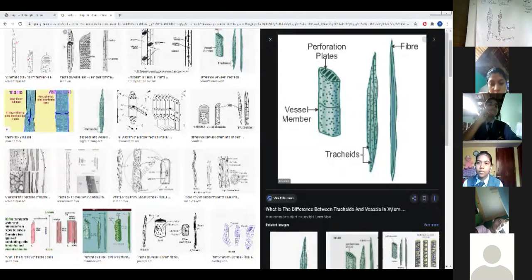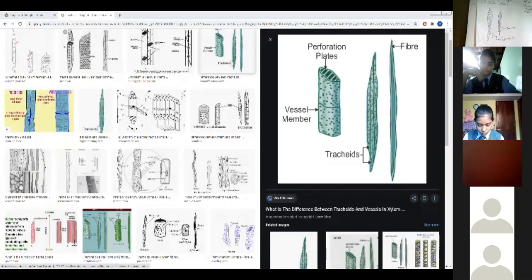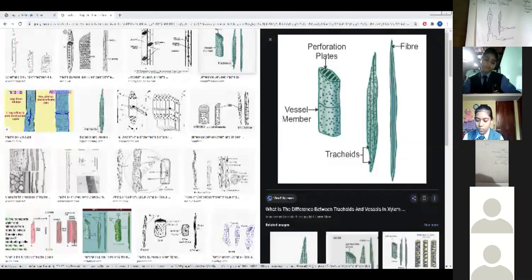Yes, sir. So today we discussed complex permanent tissues. The complex permanent tissues are bifurcated into two types. One is xylem, another one is phloem. Xylem cells are made up of four different components: tracheids, vessels, xylem parenchyma, xylem fibers. In the tracheids, just look at the structure.